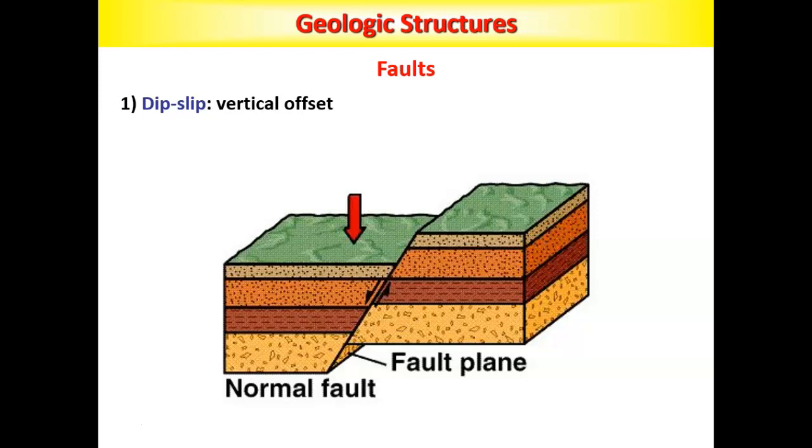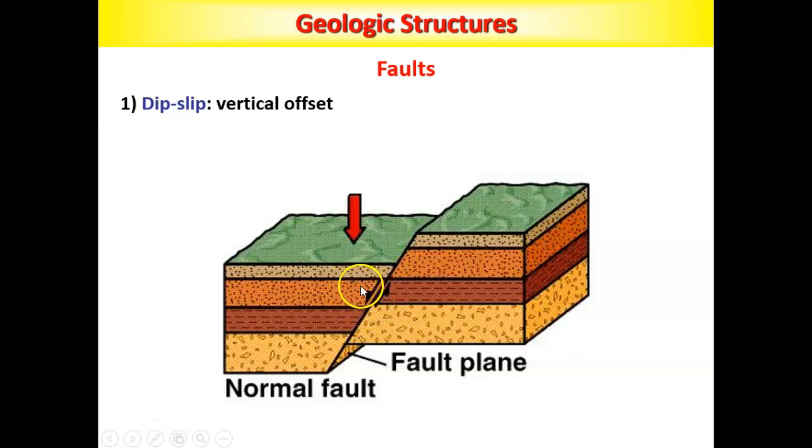So what do we do when we see our offset here? The first thing we need to do is figure out which block I am going to evaluate. So whether you name them as hanging wall and footwall, to me, is not as important as that you can identify the fault plane, which is right here, put your pencil on the fault plane and draw a line vertical.